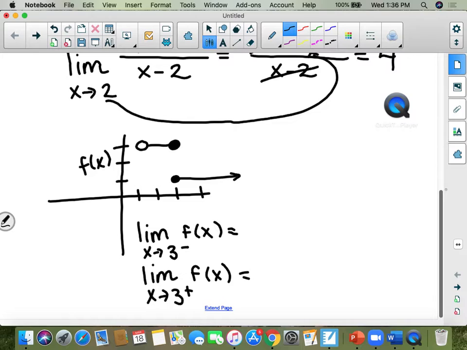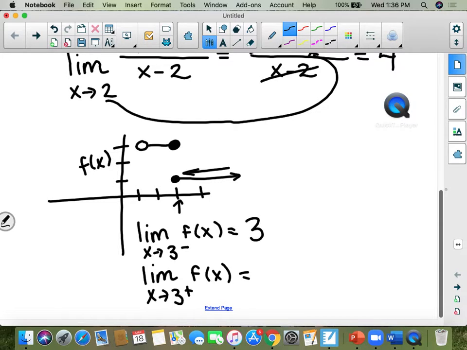As you're approaching 3 from the left, here's 3 and you're approaching it from the left, the intended y value is 1. The limit as x approaching 3 from the right, I'm sorry, you guys, I got you guys mixed up. Start again, I'm sorry. When you're approaching it from the left, the answer is 3.